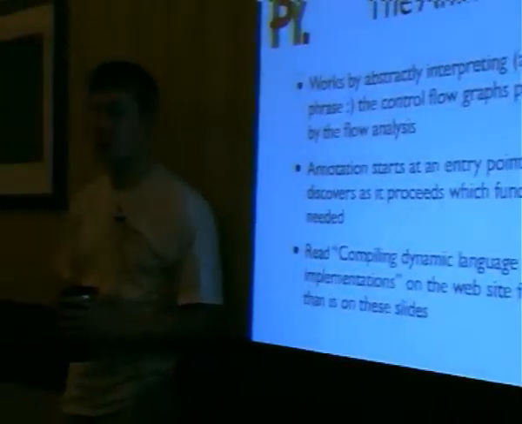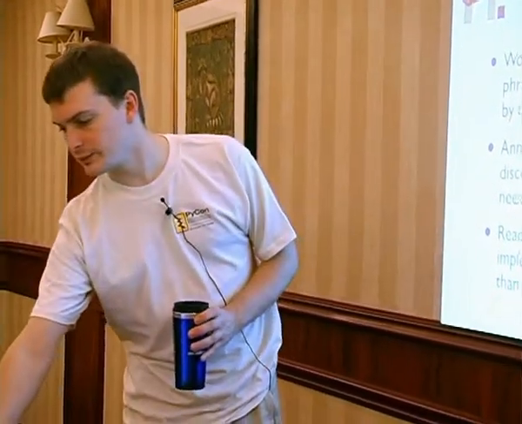So the annotator is well documented. There's this paper on the website which is mostly written by Armin, but with bits by me and Samuel. It considers a block at a time, and it maintains a list, or pile, of blocks that will need analysis. It's not ordered in the sense that you might assume from a list. So when you get to a branch, it queues up both blocks for later analysis, and then it'll pick one.